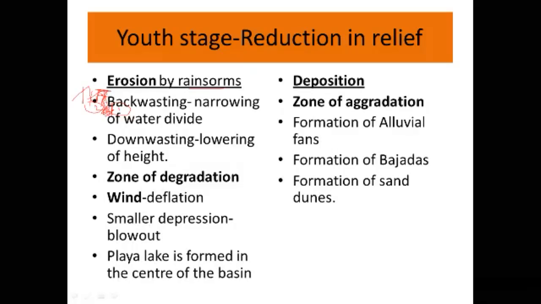Because of the erosion, the size of the basin increases, and the size of the water divide slowly decreases. This region we call the zone of degradation, because it is lowering the height of mountains as well as narrowing the water divide.